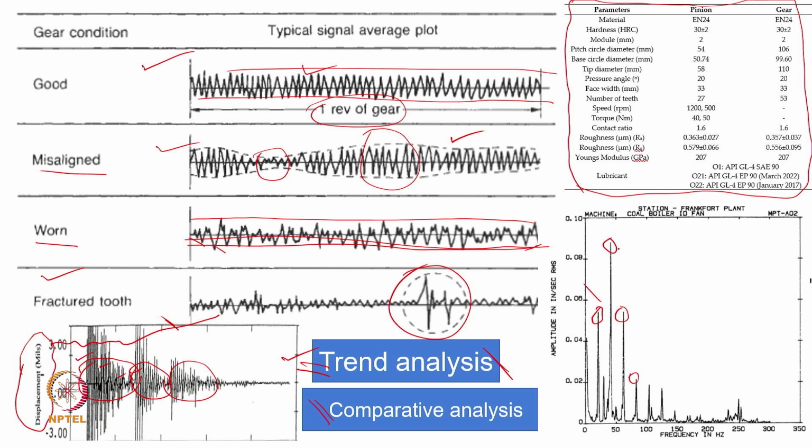If these are characteristic frequencies of the system, then we will know what kind of response is coming out. Suppose this is a first harmonic and this is a second harmonic, so this is the first rotational frequency and this is 2 times the rotational frequency. If this kind of response comes, what is the meaning of that?